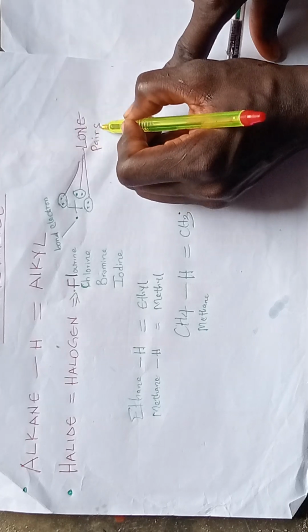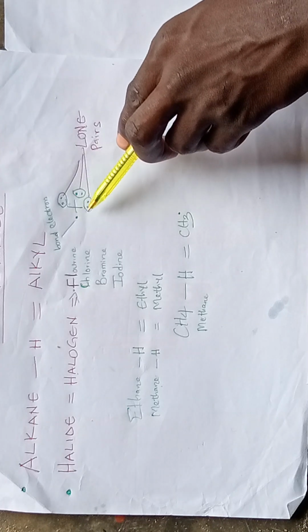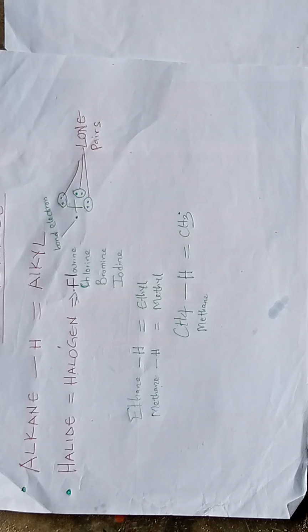As a result of that, lone pairs of electrons are not used in bonding. They are not readily used in bonding. So the only available electron in a group 7 element is 1. That means fluorine, bromine, chlorine, and iodine. I only use fluorine as a representative example. What I said about fluorine goes for all. That means fluorine only has 1 bond electron.